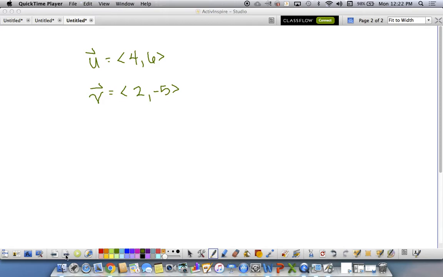What if I wanted to subtract these vectors? U minus v. Could we really say that's u plus a negative v? Is it the same thing? Yes, it is. So we would take u, which is 4, 6, plus a negative v.